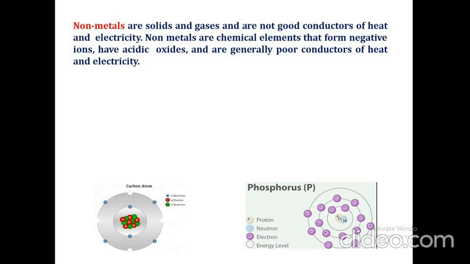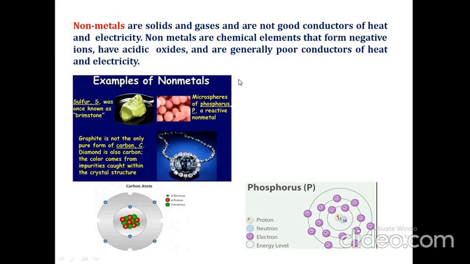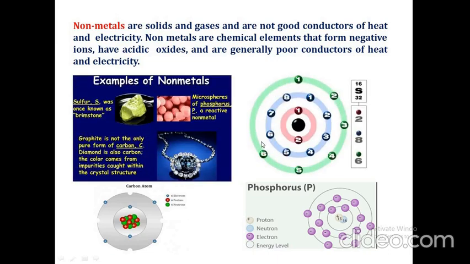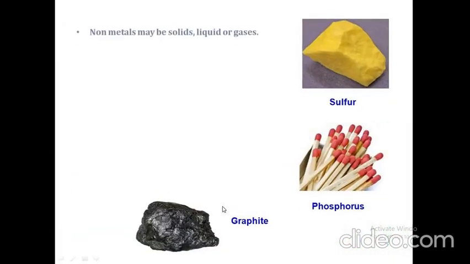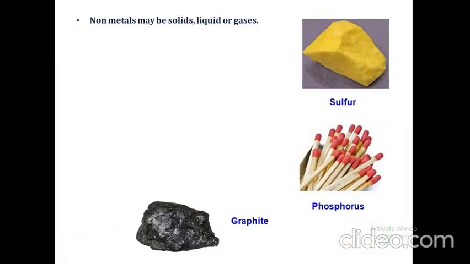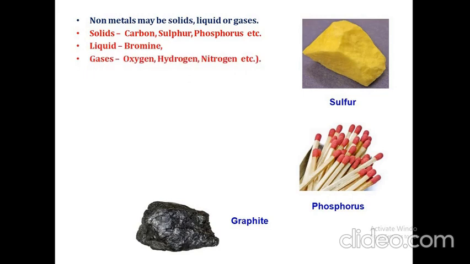These form chemically negative ions, and their oxides are generally acidic. Solids include carbon, sulfur, phosphorus, etc. Liquid includes bromine. Gases include oxygen, hydrogen, nitrogen, etc.